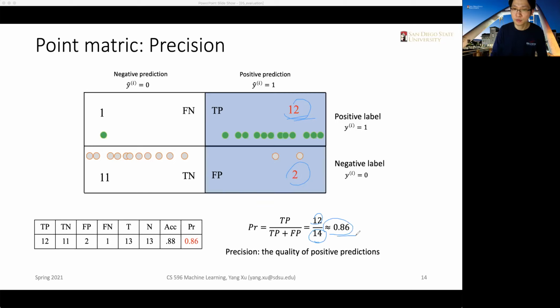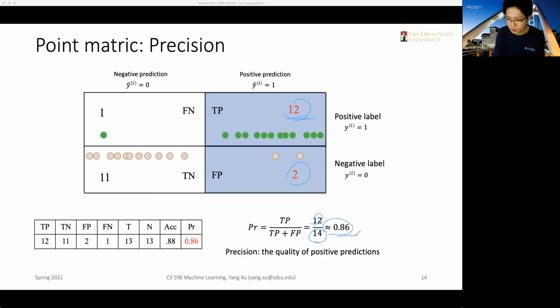Okay, this quantity is also a useful metric, because it basically evaluates the quality of positive predictions. You can think of it that way.